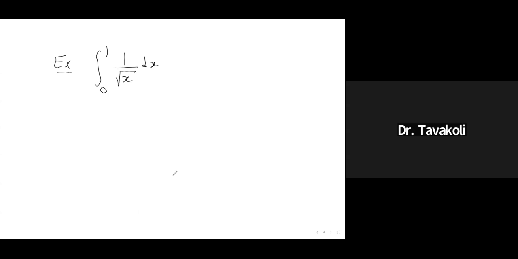And at the end, I want to decide whether it is convergent, and the value is a finite number, or is it divergent? Please pause the video and try to do this on your own before watching my solution.